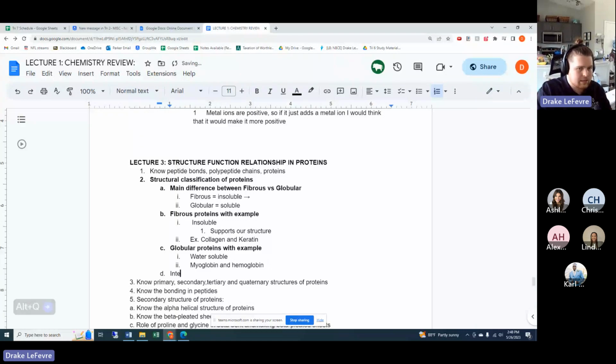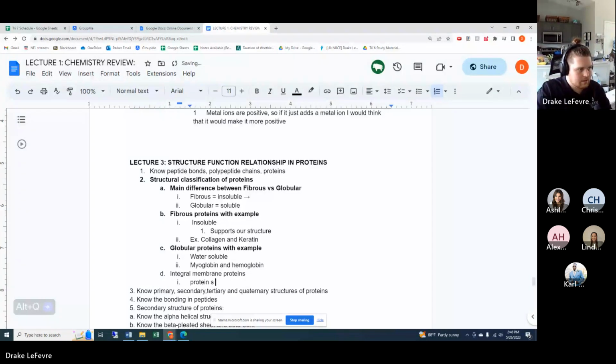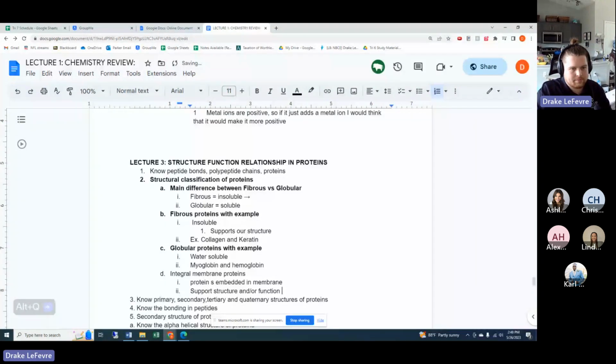We also have our integral membrane proteins. These are the proteins embedded in the membrane. They support structures and/or functions, and sometimes they do both.